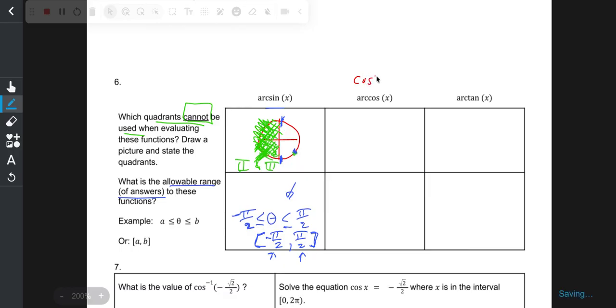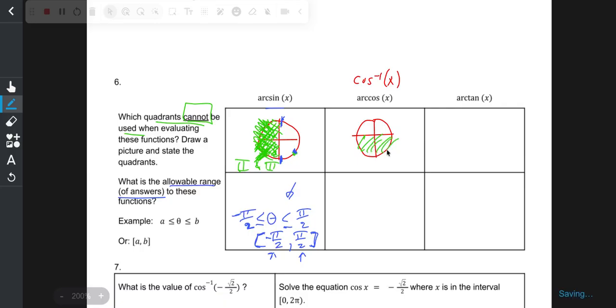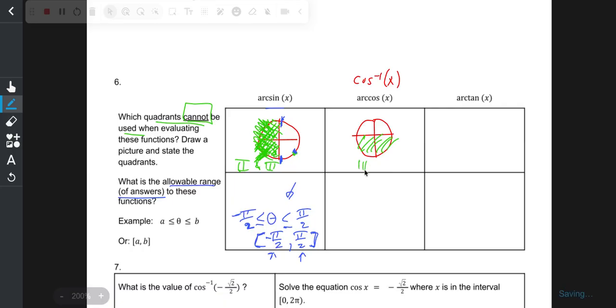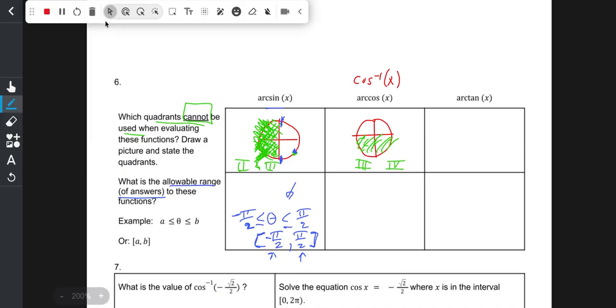For arccos, or same thing, inverse cosine, you're allowed to use the top half of the circle. Do not name angles that are in the bottom half. In other words, do not use quadrants 3 or 4.